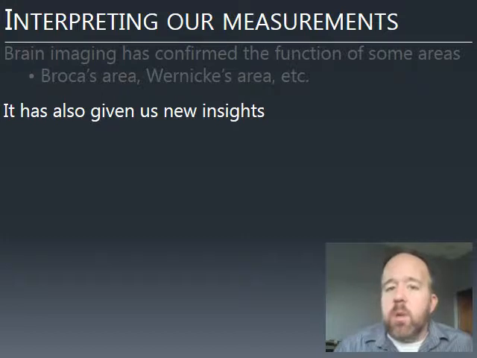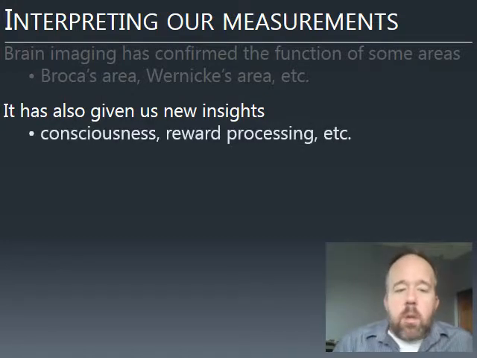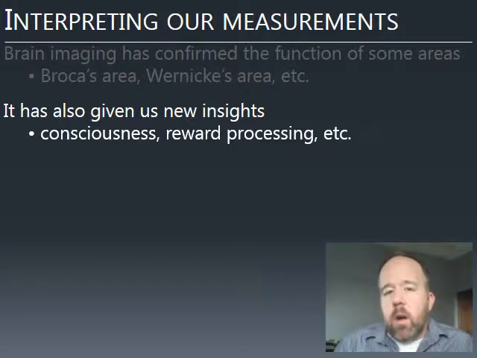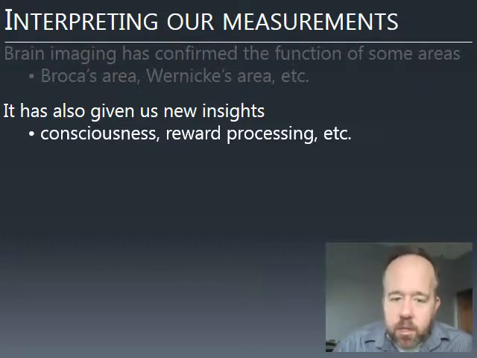It's also given us some new insights. So looking at consciousness, for example, looking at people that are awake versus asleep versus under anesthetic, and looking at brain activity has shown us perhaps some of the underlying structures involved in consciousness. Things like reward processing.